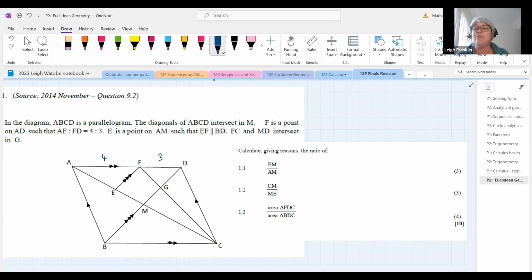So let's just have a look at the first question. It says calculate, giving reasons, the ratio of EM over AM. So EM is this bit over here and AM would be the whole thing. So could anybody tell me, in 1.1, what would EM over AM be equal to?